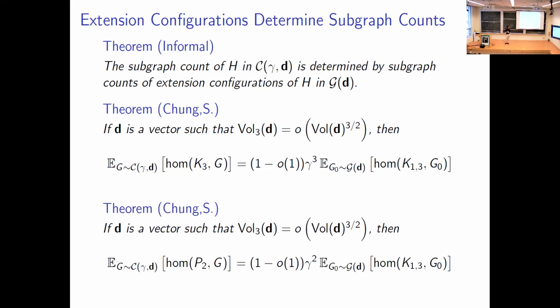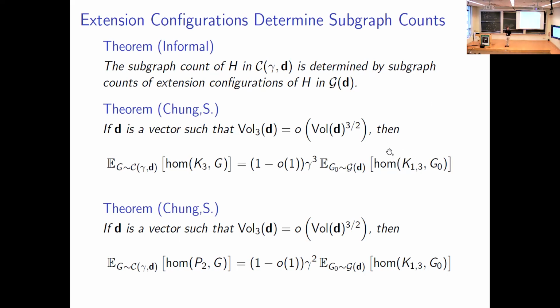And similarly, under the exact same assumptions, the number of paths of length 2 will again be determined by K_{1,3}, with a slightly different constant out front. So the way to read these: this is the count of triangles in my new model. Here are some error terms. This is a sort of constant that falls out from what you do to construct your graph from an extension configuration. And here's the count of the extension configuration itself.